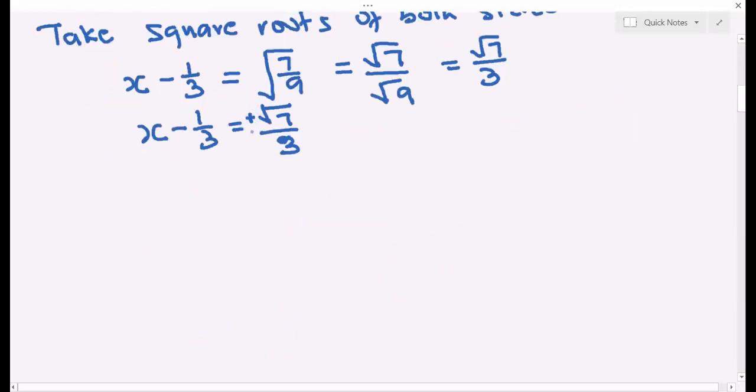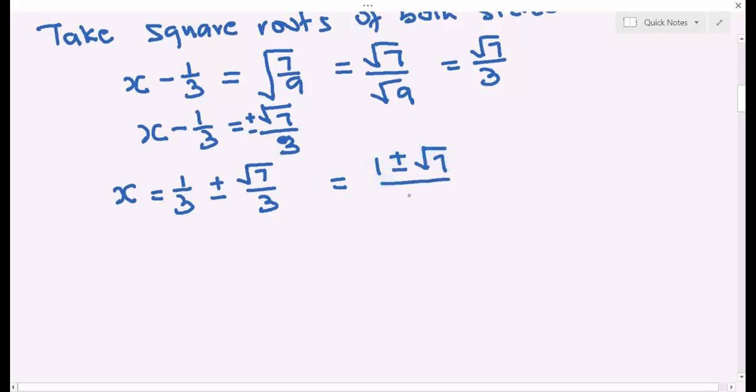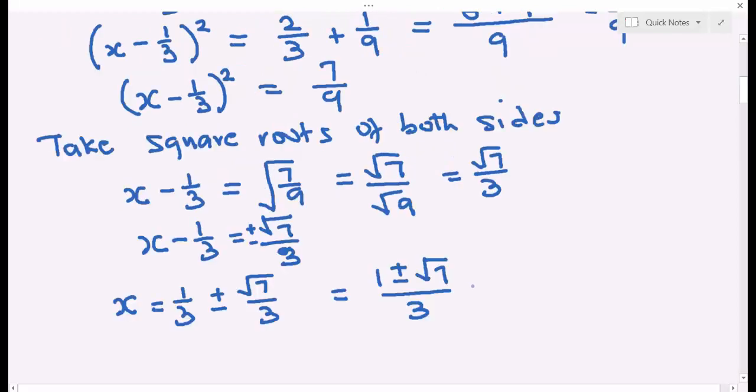Don't forget this is plus or minus. So our x is equal to 1 over 3 plus or minus the square root of 7 all over 3, and this will give us 1 plus or minus the square root of 7 over 3. So our x will give us 1 plus or minus the square root of 7, where the square root of 7 is 2.6458. That is four decimal places.